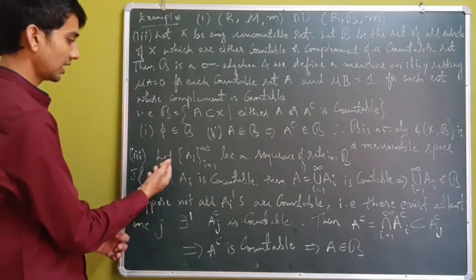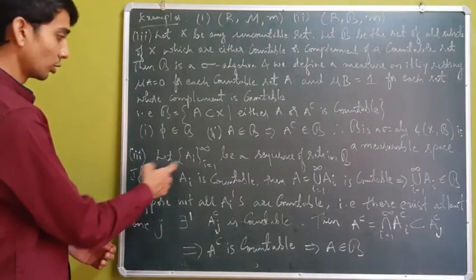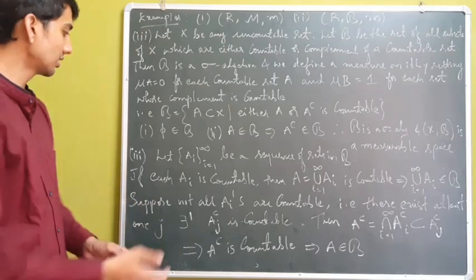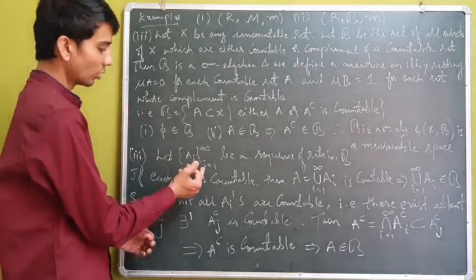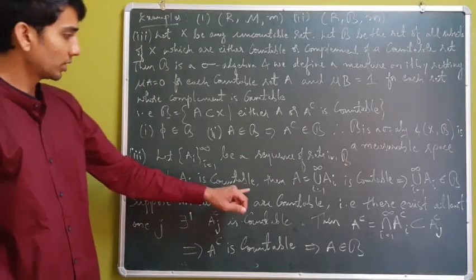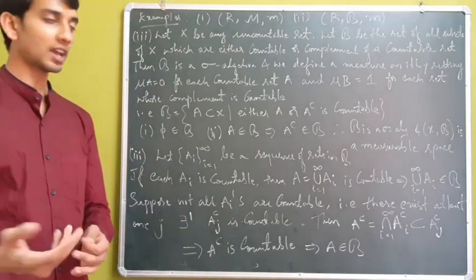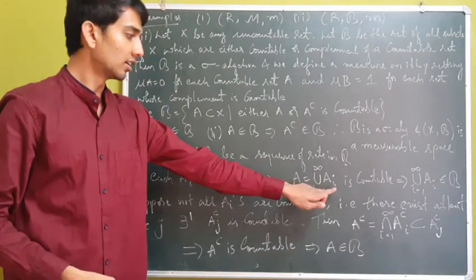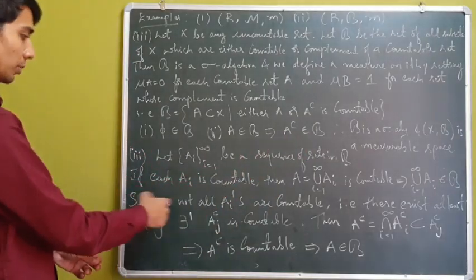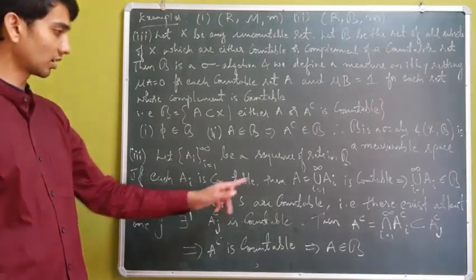Next, to prove the countable union is in the collection, I am taking a countable sequence of sets A_i in B. If each A_i is countable, then A, the union of the A_i, is countable, knowing the fact that a countable union of countable sets is countable, and we are done. If not, suppose not all A_i are countable.